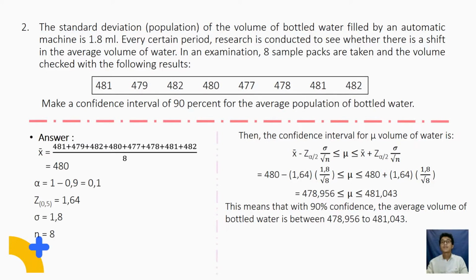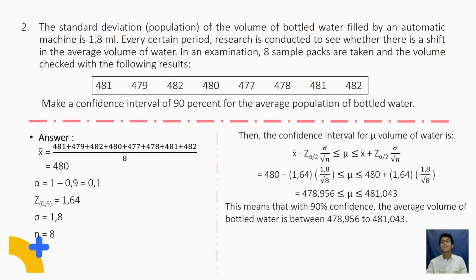The answer is X bar equal to 480. Alpha is 0.1, Z 0.5 equal to 1.64, sigma equal to 1.8 and n equal to 8.